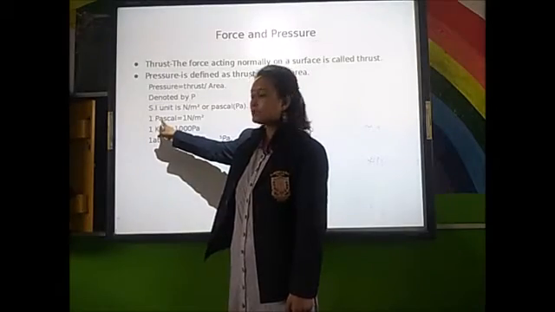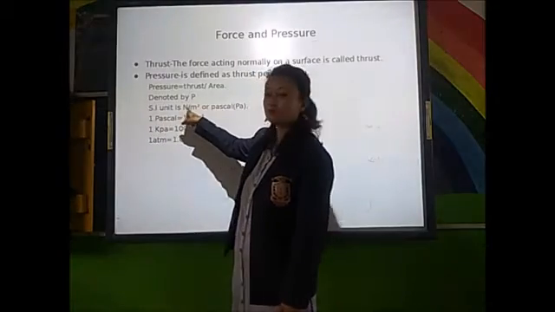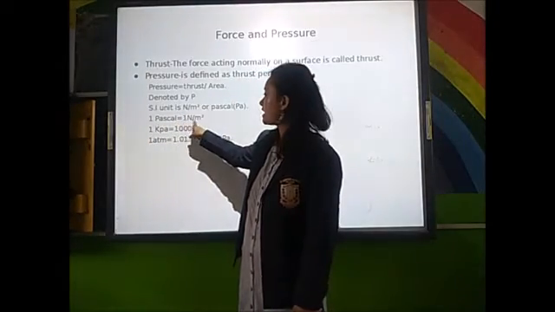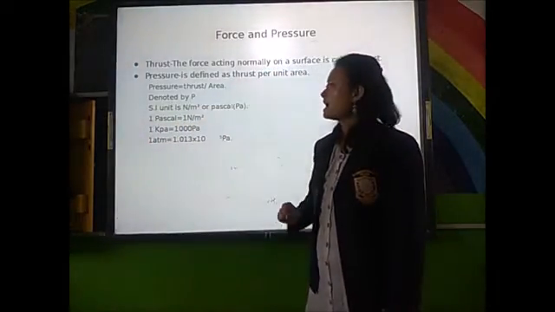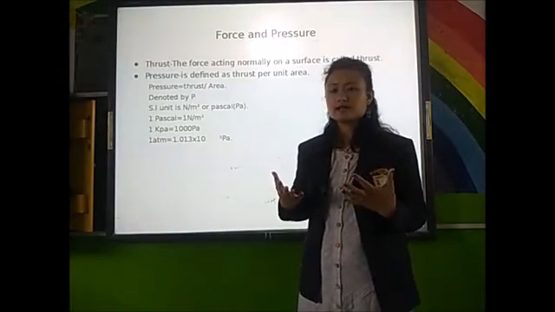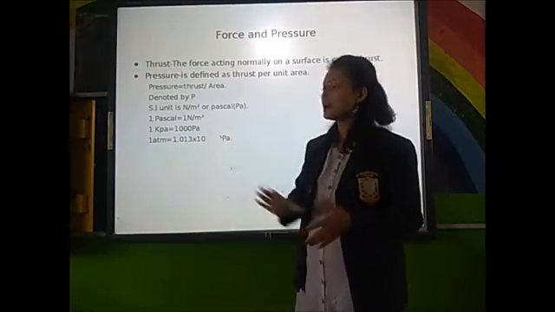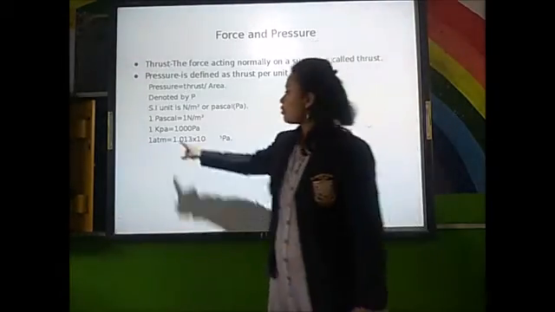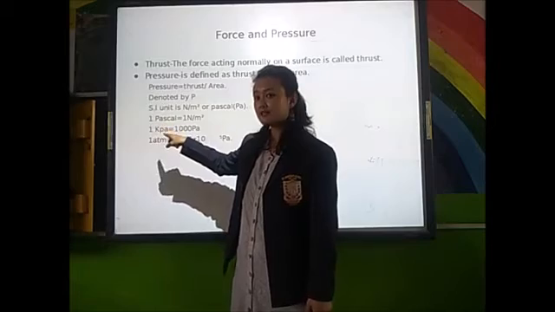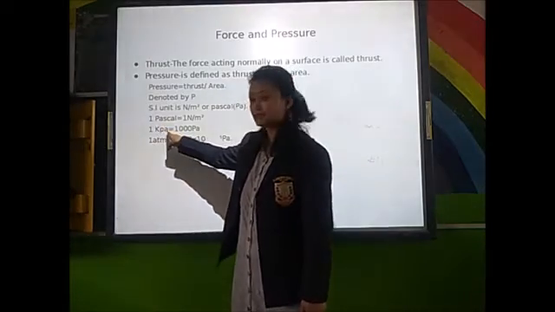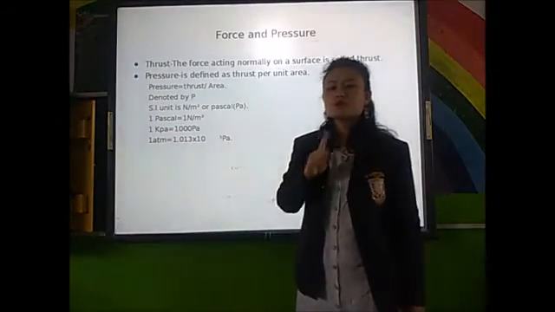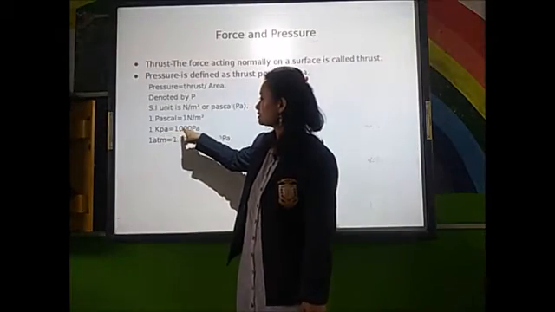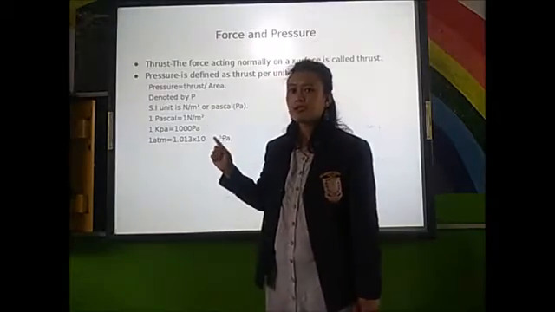And 1 Pascal is equal to 1 Newton per square meter. And the higher unit of pressure is 1 kilopascal. K stands for kilo. So 1 kilopascal is equal to 1000 Pascal.